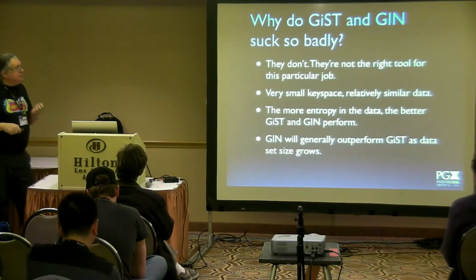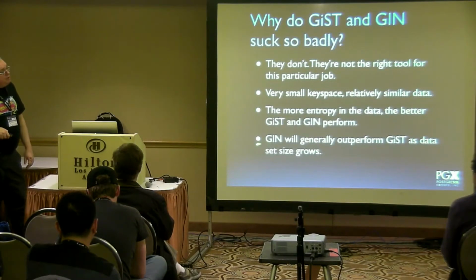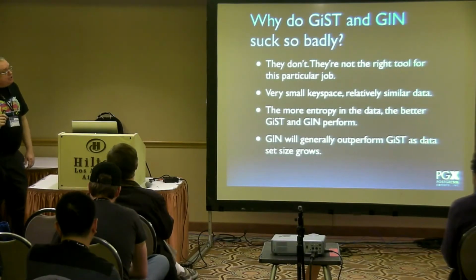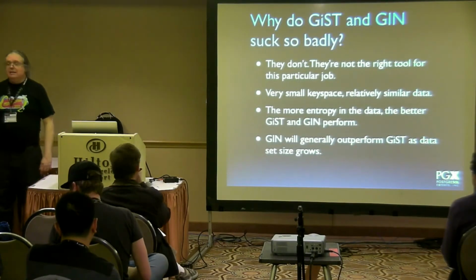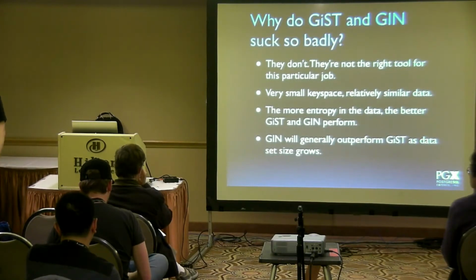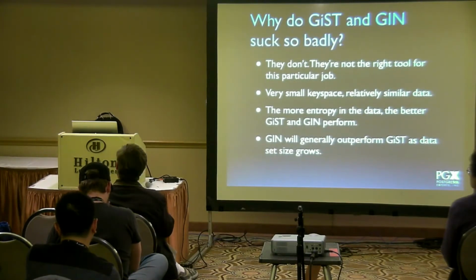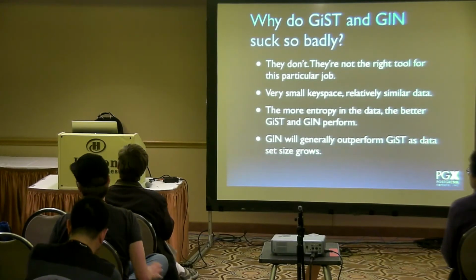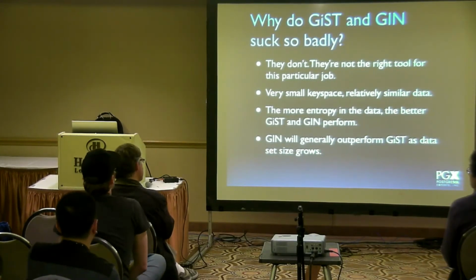For example, if you do a check using the Gin index for, give me all the rows that this key exists in, that's extremely fast. On this data set, it's like 35 milliseconds. So Gin is very good for answering those kinds of questions. Not so great for these generalized get me key number 85 questions.